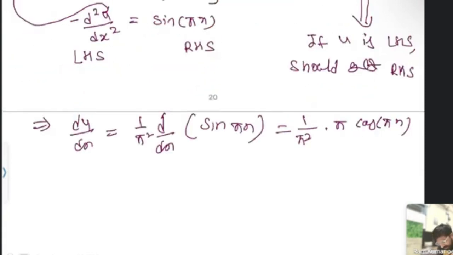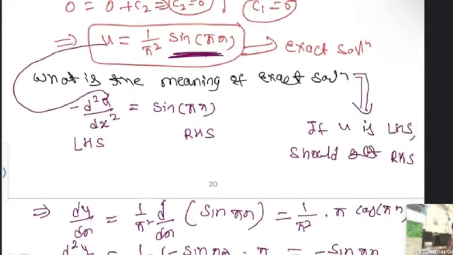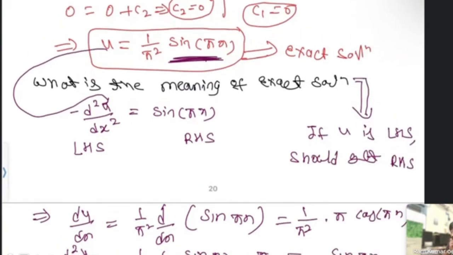Then again d2u by dx2 becomes pi, then cos becomes minus sine, minus sine pi x, and with the 1 by pi it becomes again minus sine pi x. So we are getting the same. So if I replace u in this differential equation, it should be the same as the right hand side.